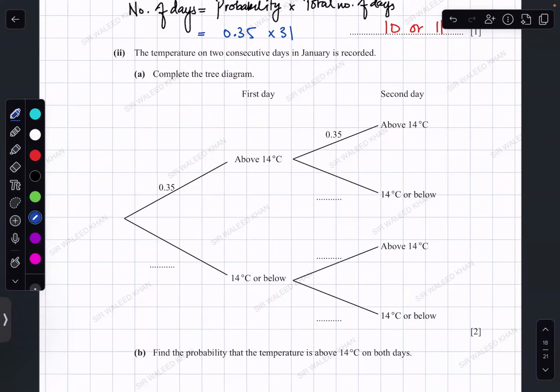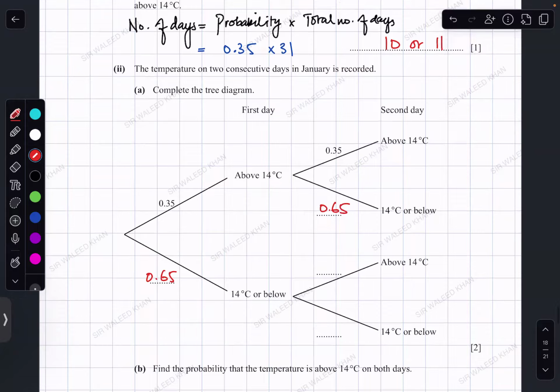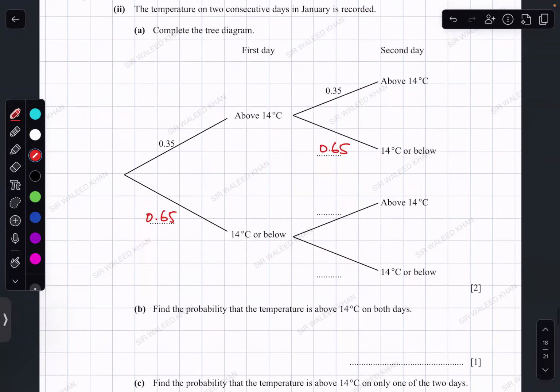So 0.35, 1 minus 0.35, that is 0.65. Then second day, it's again 0.35. So 0.65. Okay. So the probability remains the same.